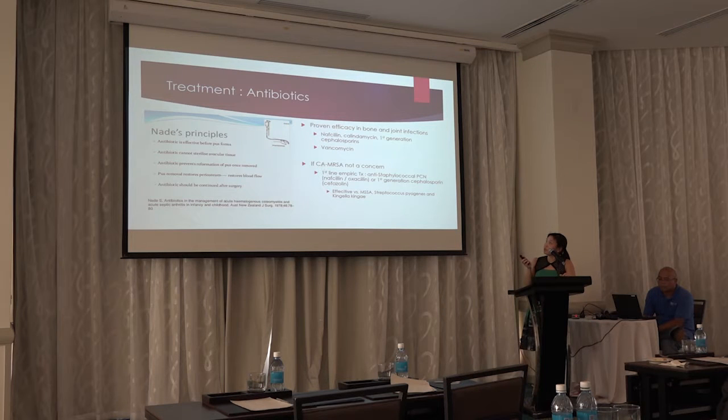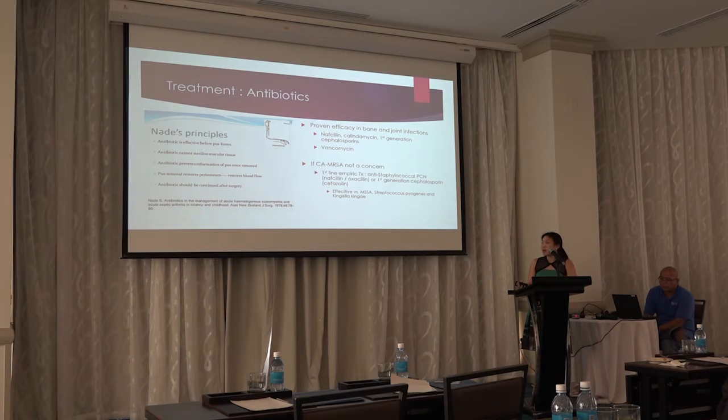In terms of antibiotics, what antibiotics have shown efficacy in bone and joint infection? We have nafcillin, clindamycin, first-generation cephalosporins, and vancomycin. If community-acquired MRSA is not a concern, then you can start off with nafcillin or oxacillin or even cefazolin.